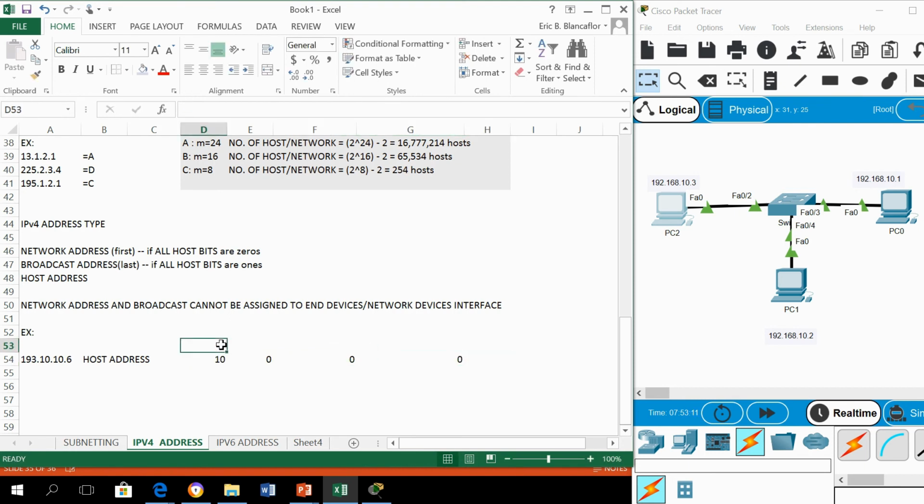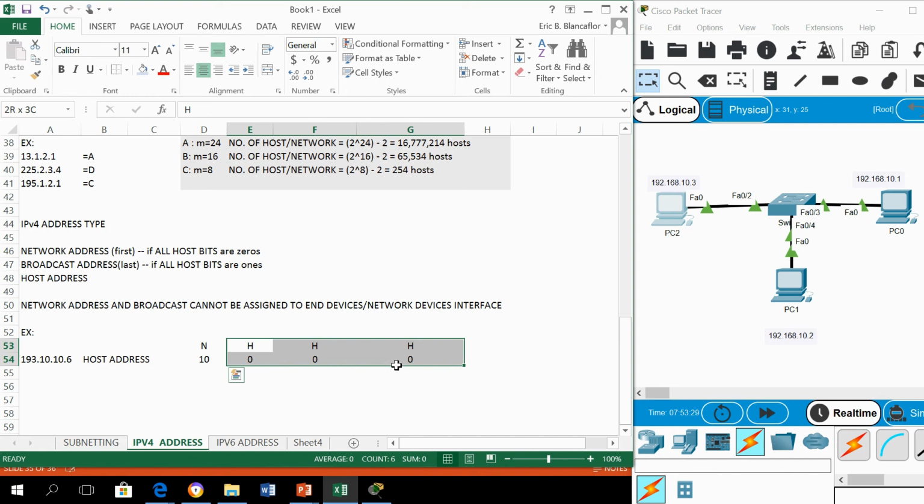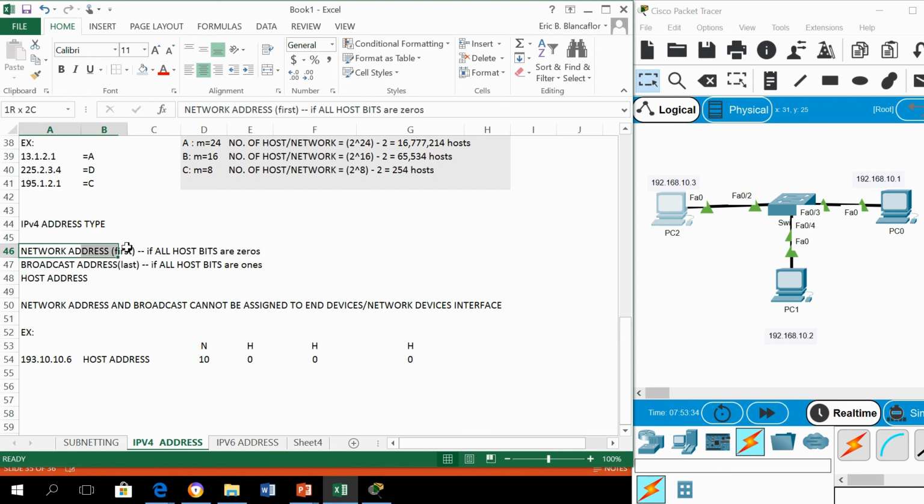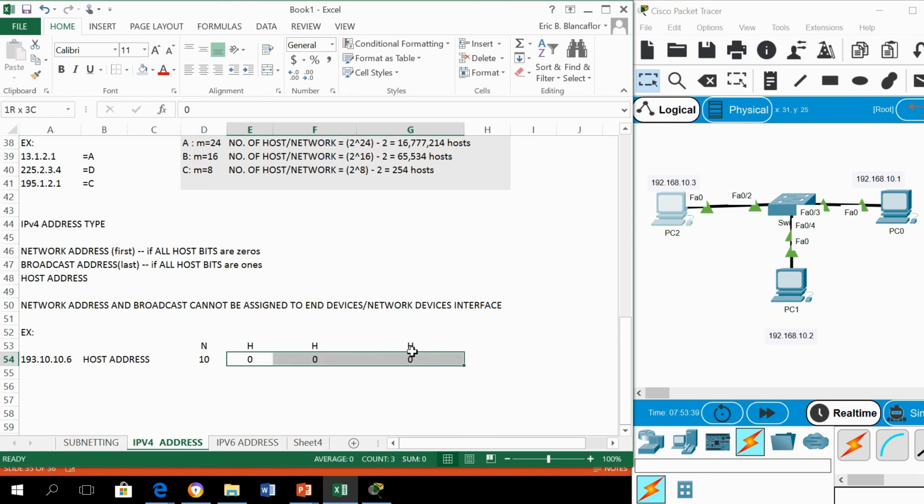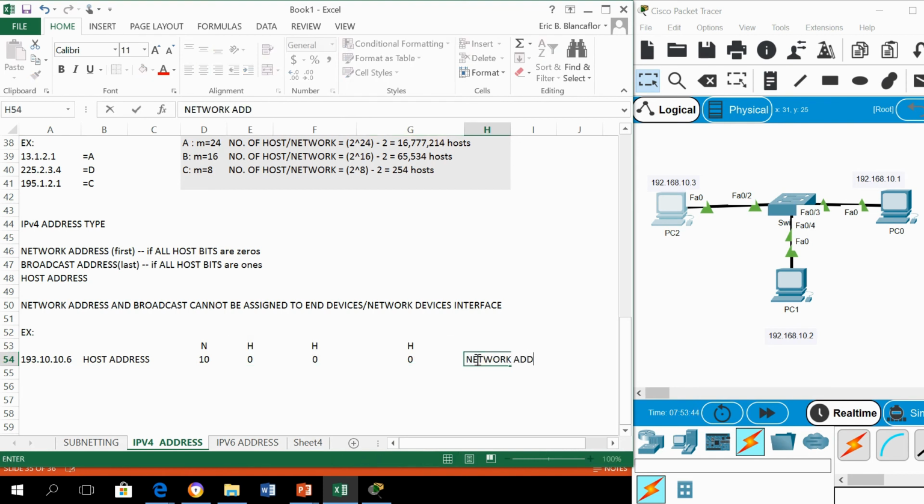So again, this is a class A. Take note, you have a network, host, host, and host. If you notice, the host part I have here, they are all zeros, right? They are all zeros. So it observes the rule in the network, that all host bits are zeros. Therefore, this is a network address.